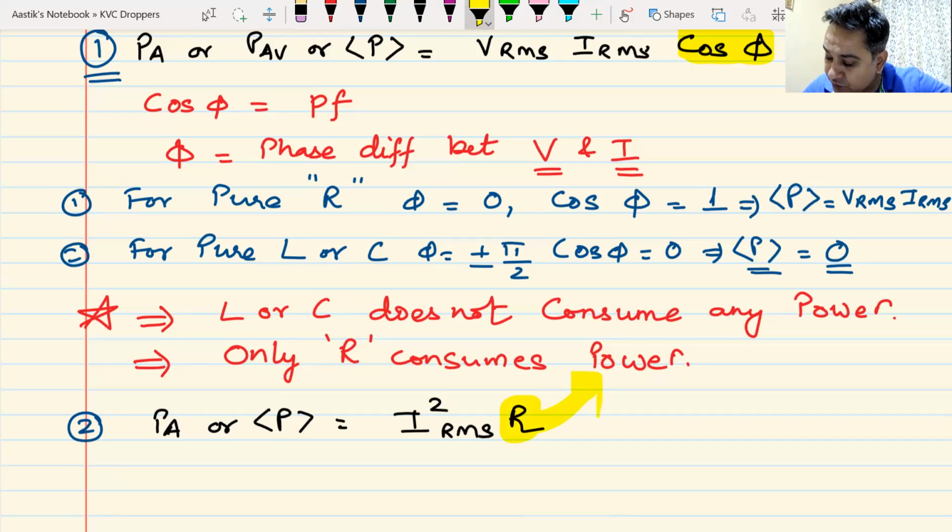Only R consumes power. So this is another way of writing the same formula. Either you can write it as VRMS into IRMS into cos phi, or you can write it as I squared RMS into R. Both the formulas are the same. Remember, the value of cos phi is R by Z.